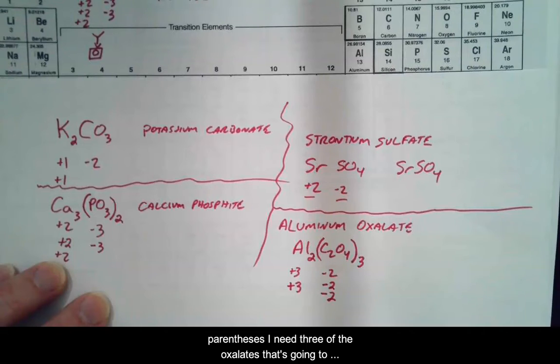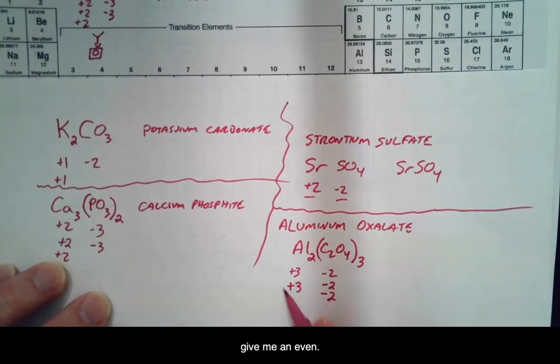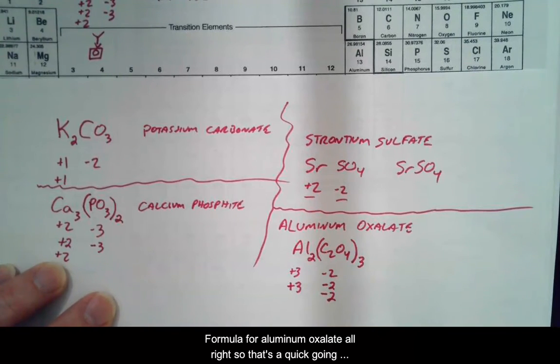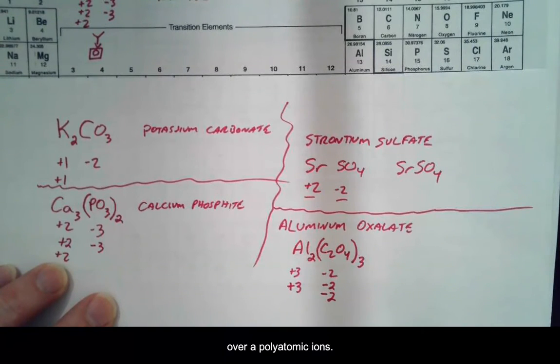I need 3 of the oxalates. That's going to give me an even charge, a charge of 0. 6 and 6 cancels out. And so that would be the formula for aluminum oxalate. All right, so look, that's a quick going over of polyatomic ions. But kind of like the commercials, but wait, there's more.